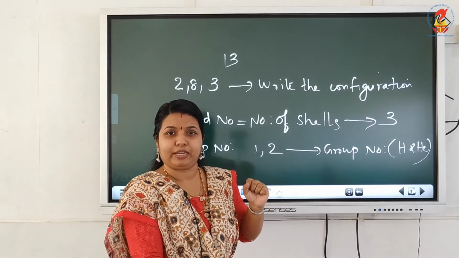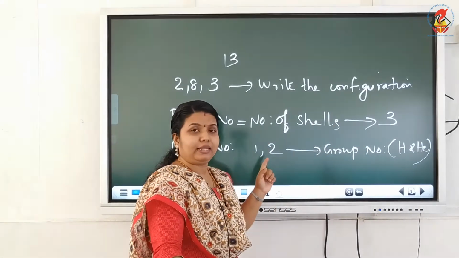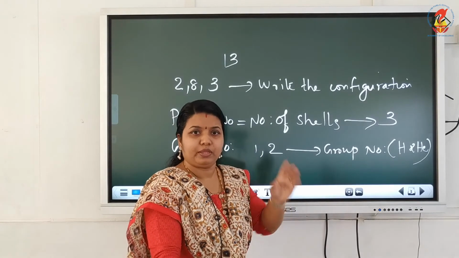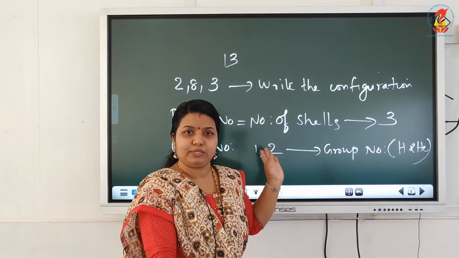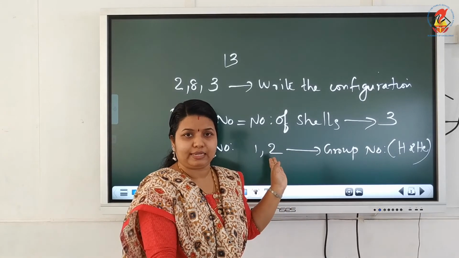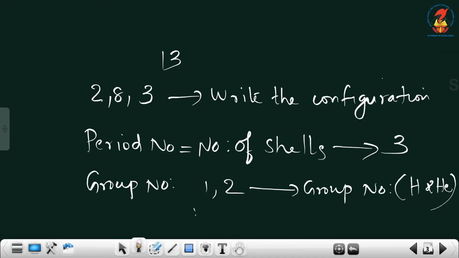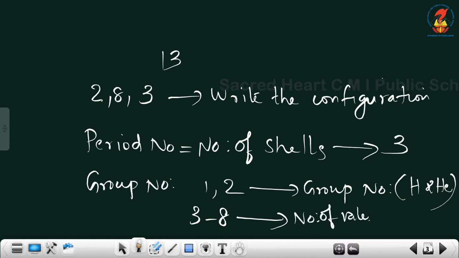Next we have to find the group number. For that, look at the number of valence electrons. If it is 1 or 2, that is the group number. Number of valence electrons and group number will be the same for 1 and 2. If it is 3 to 8, then we have to add number of valence electrons plus 10.